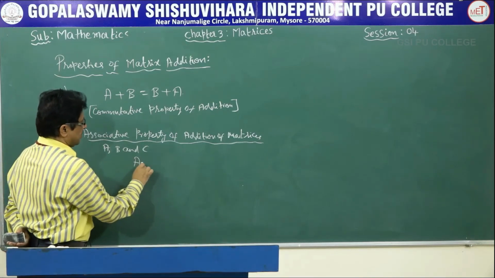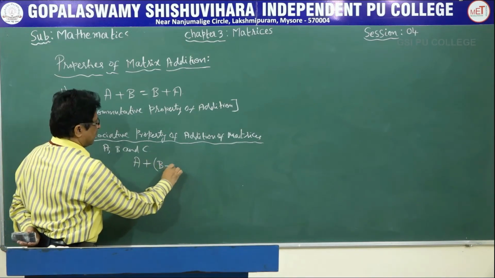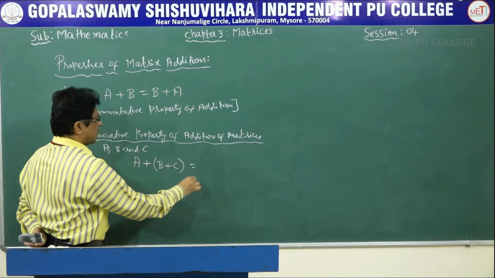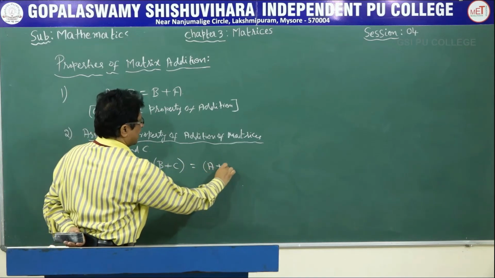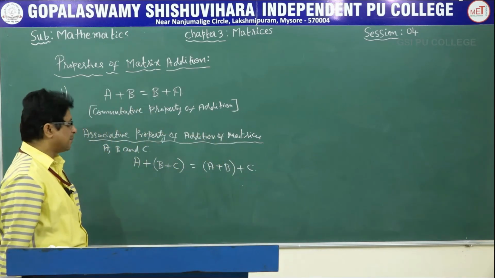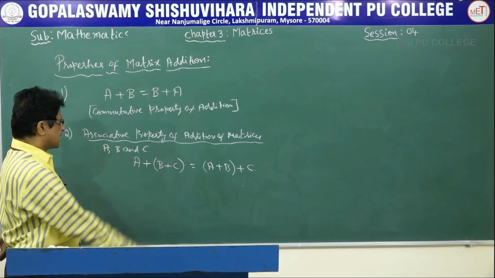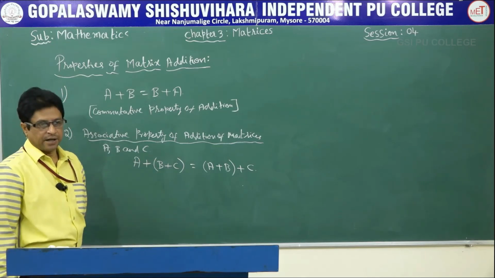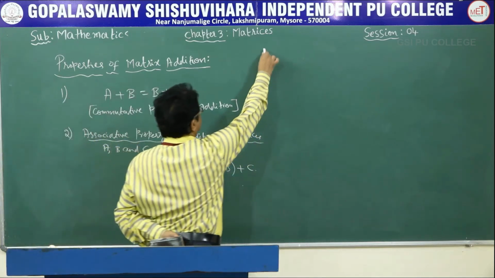Then A plus of B plus C will be equal to A plus B plus C. So this is associative property of addition of matrices.